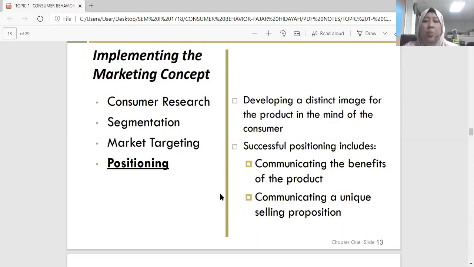And then successful positioning includes communicating the benefits of the product, especially when it comes to pharmaceutical products, health products, maybe cosmetics products, the benefits when using the product. But bear in mind you make the effort to buy the product, but it is with the permission of Allah.